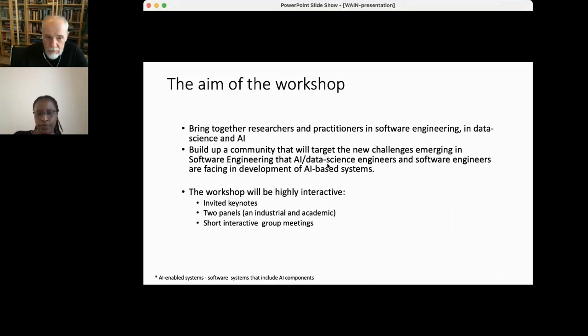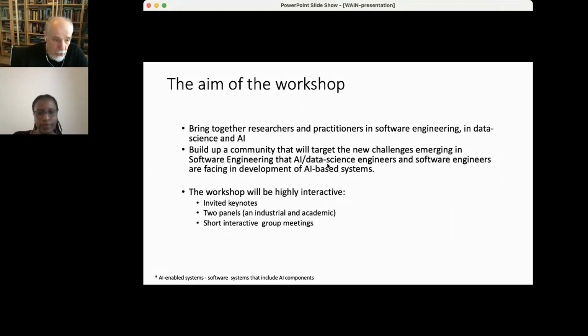Because from many studies, you can see that the way of working and the culture of building up systems are quite different for software engineers and for data scientists. And there is also some empirical evidence that building AI-enabled systems is not possible to do only with software engineers, and not possible to do only with data scientists. You have to build interdisciplinary teams. So that's why it is important to build up such a common community which can have a common understanding of systems.